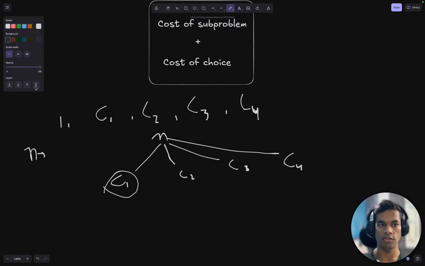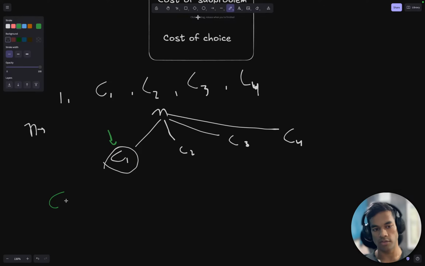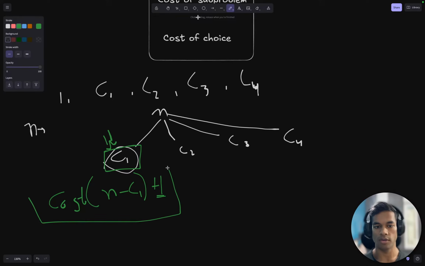Let's say I made this choice. Then the total cost associated with this choice would be the cost function for getting to a sum of n minus c1, plus 1. Why 1? We are adding 1 because we did choose this coin c1. Due to that fact, we have to add 1 to our overall cost for this choice, and the same goes for the others.